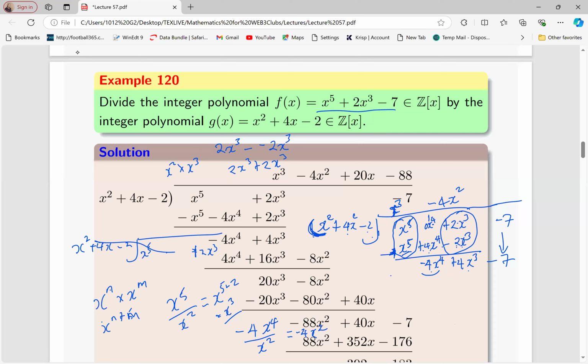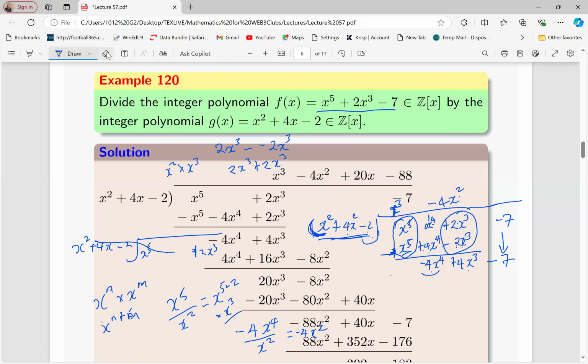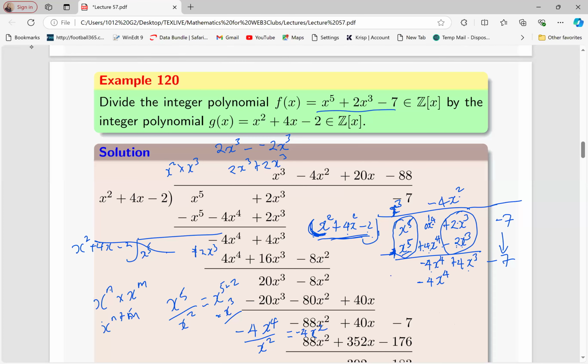Now, this negative 4x raised to 2 multiplied by the entire polynomial here. So the first part, when you multiply, you have negative 4x raised to 4. When you multiply that, and then we have negative 16x raised to 3.